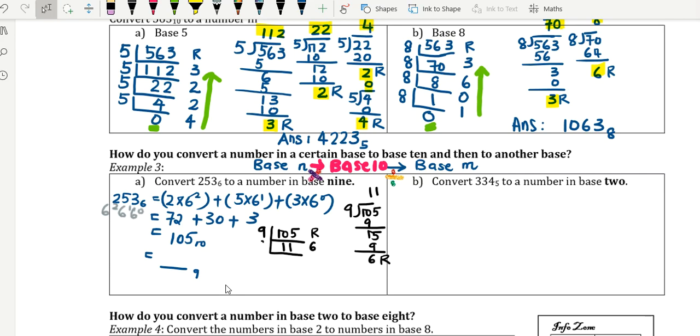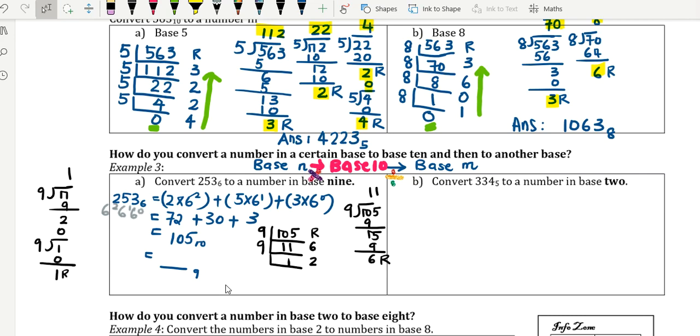Continue to divide. No space, you can write it somewhere else. 11 divided by 9: 9 times 1 is 9. Remainder is 2. Write 1 here and the remainder. Continue to divide. 1 divided by 9: 9 times 0 is 0.